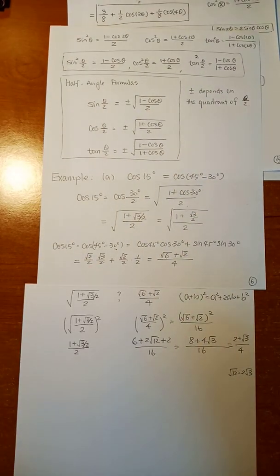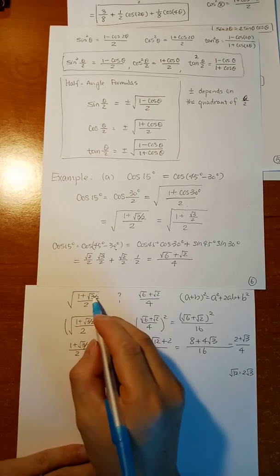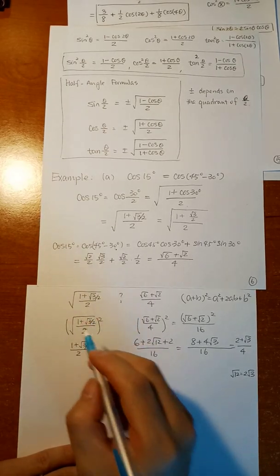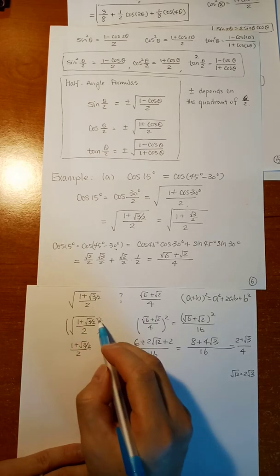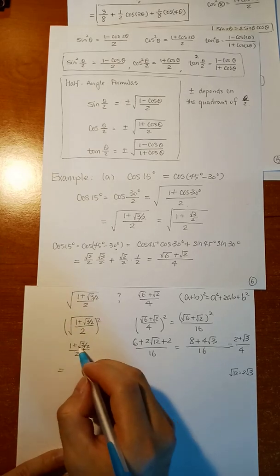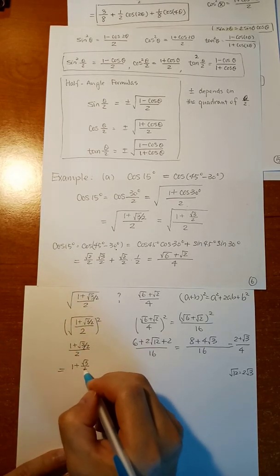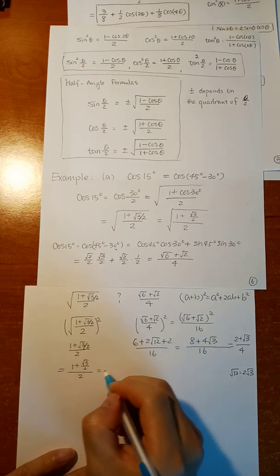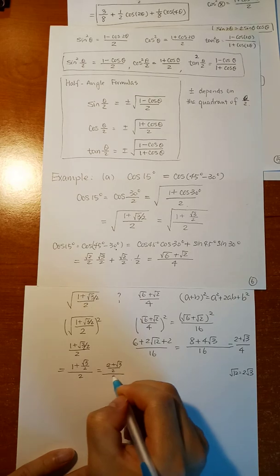Okay, now this makes sense. So here is 1 plus square root of 3 over 2, and then over 2. Take the square root, cancel it. So let's simplify this. Let me rewrite it in a good way. The numerator becomes 2 plus square root of 3 over 2, and then over 2.